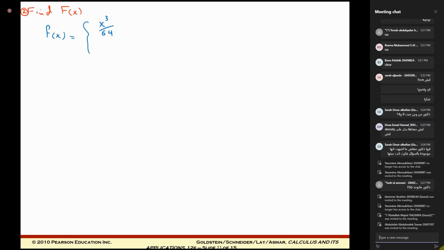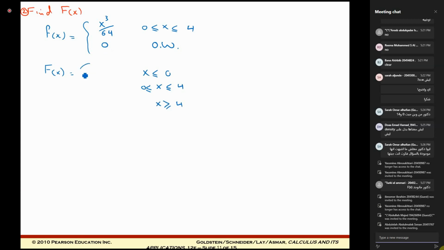This is between 0 and 4, otherwise equal 0. F capital like this: x less than 0, x between 0 and 4, and x greater than 4.